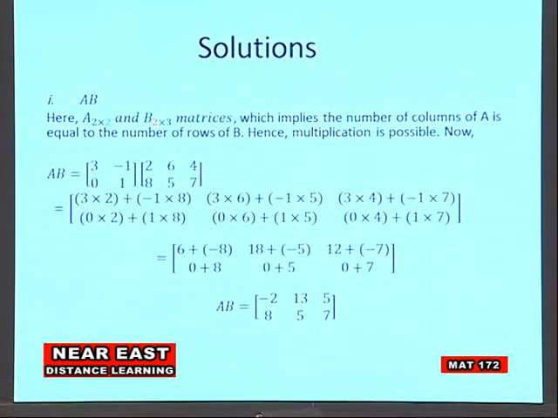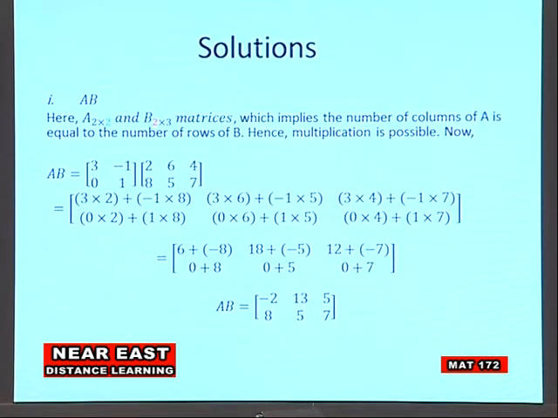If you check the slide, I highlighted the number of columns of A with light blue color and the number of rows of B with light red. So it's for you to know the matrix A has 2 columns and the matrix B has 2 rows. So they are the same.